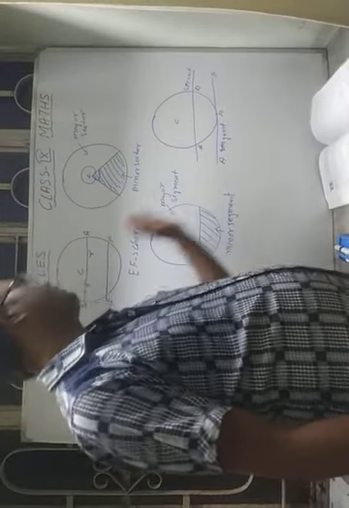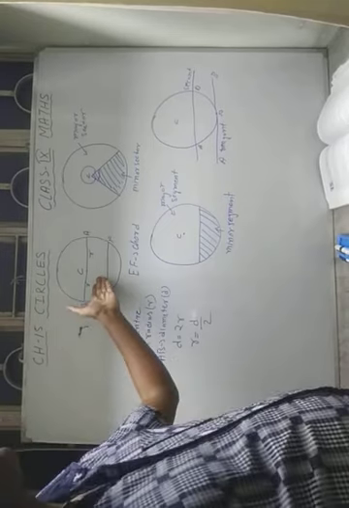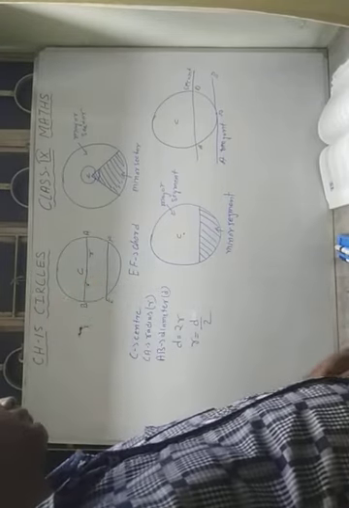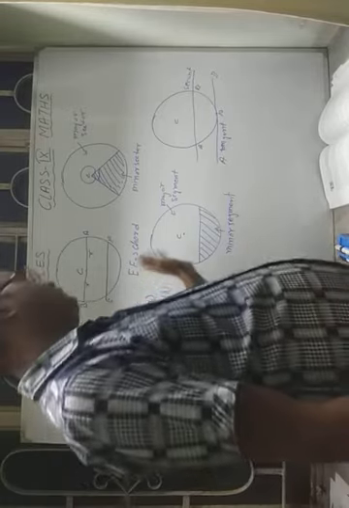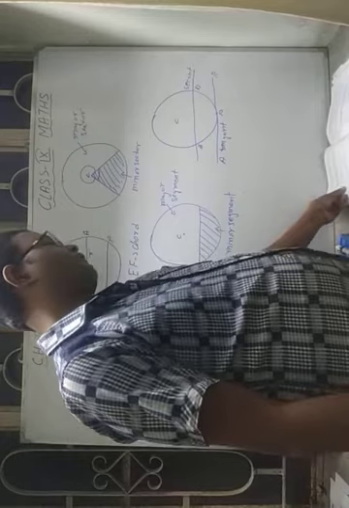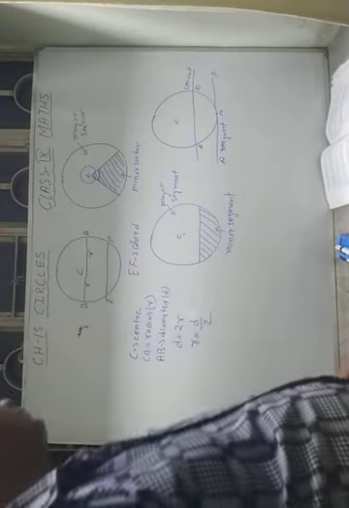And as you know, the diameter divides the circle into two parts, and each part is called a semicircle. There are also the interior of the circle and the exterior of the circle.